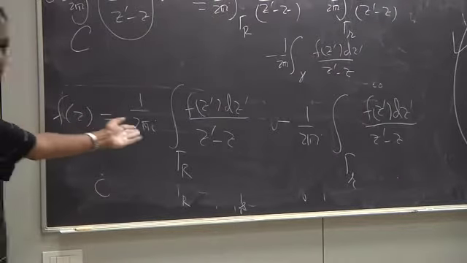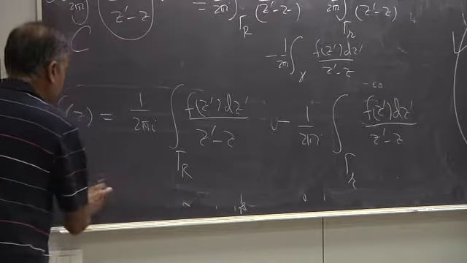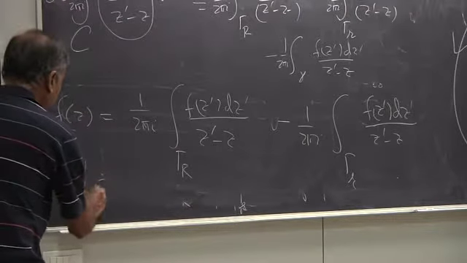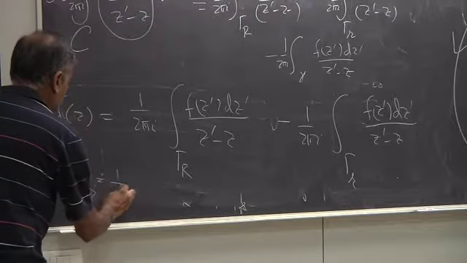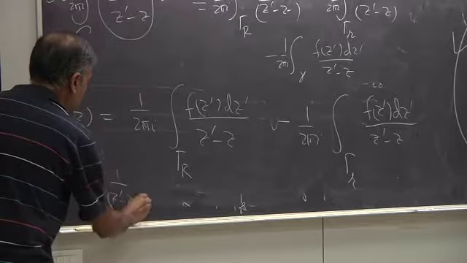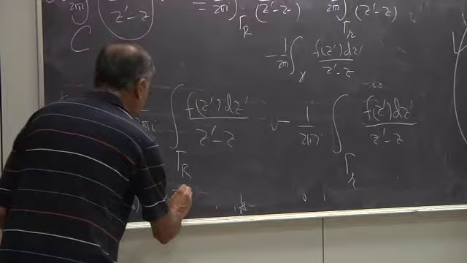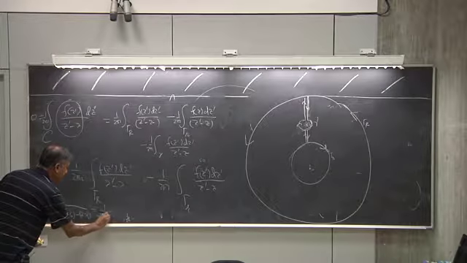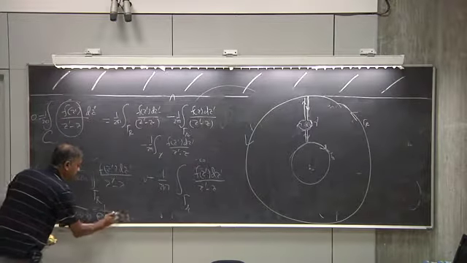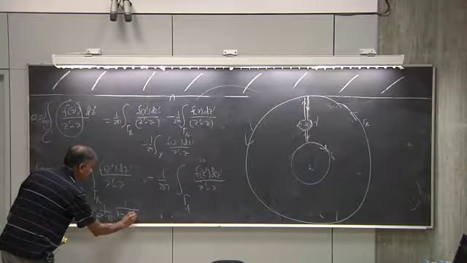Now this is exactly what we calculated before. After all, what we did was write 1 over z prime minus z as 1 over z prime minus z0 minus z minus z0. Then we took out 1 over z prime minus z0 as a common factor, and what is left over is 1 divided by 1 minus z minus z naught divided by z prime minus z naught.